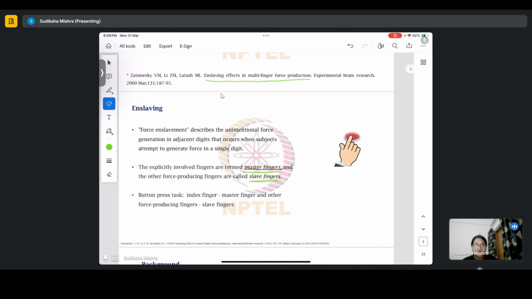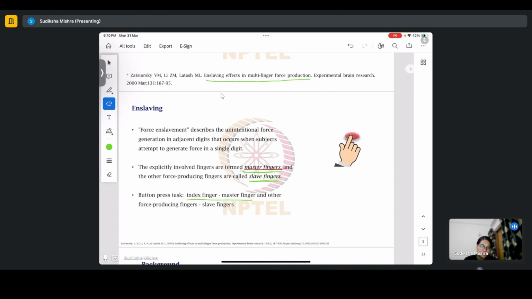For example, in case of a button press task, say the intention is that the button is to be pressed by the index finger. In this case, the index finger is the master finger, and every other force-producing finger is known as a slave finger. Or say you're holding this pen, wherein the only intention is that you use your index finger and thumb, but there is also some force generated by the middle, ring and little fingers.